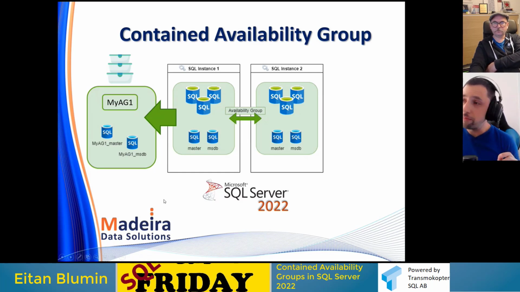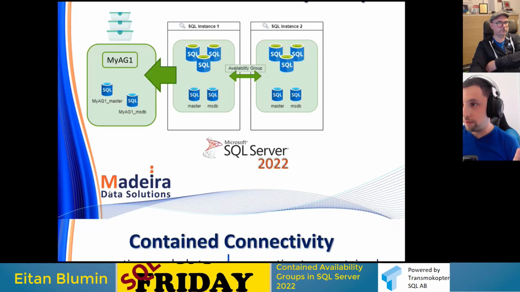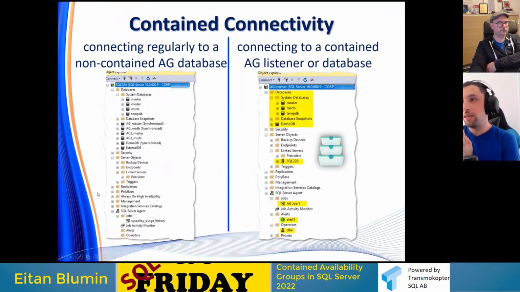Once we have that, a few interesting things happen. On the left hand side of the screen, you can see what we would see when we connect normally to a non-contained availability group database.